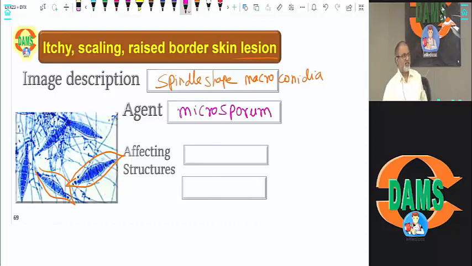Microsporum affects skin and hair. Epidermophyton affects skin and nail. Trichophyton affects all three. That's all, easy to remember.